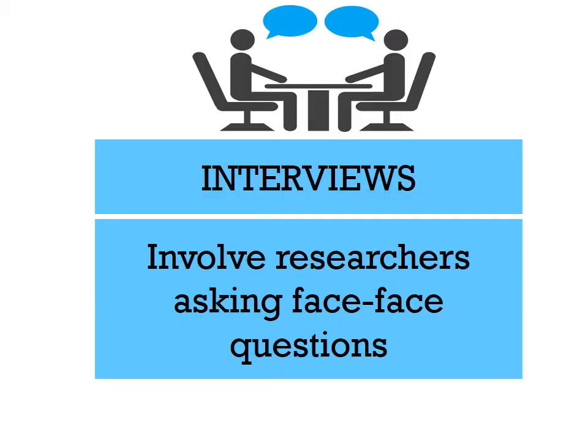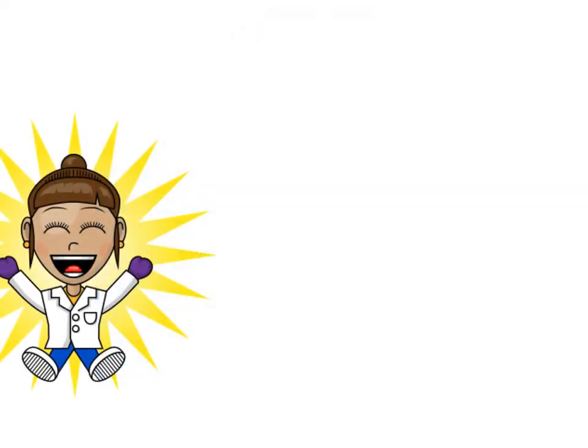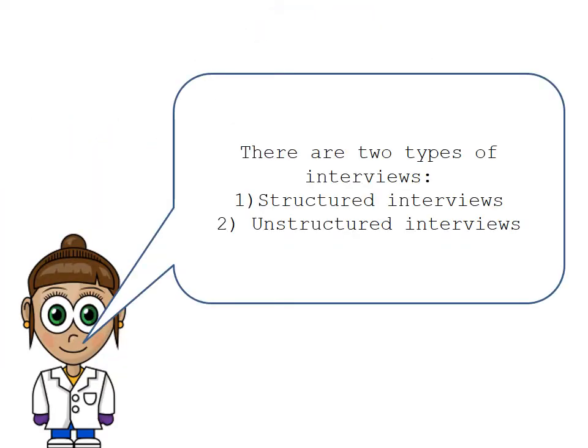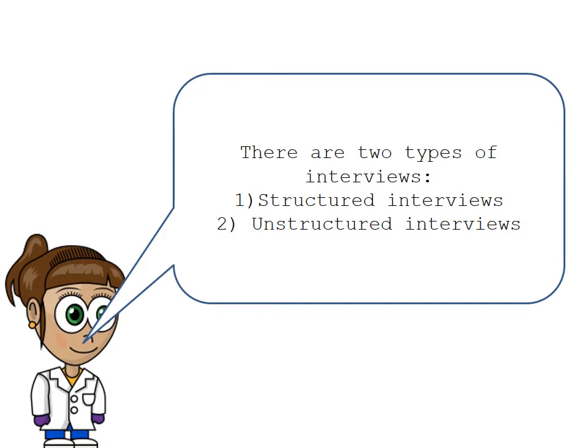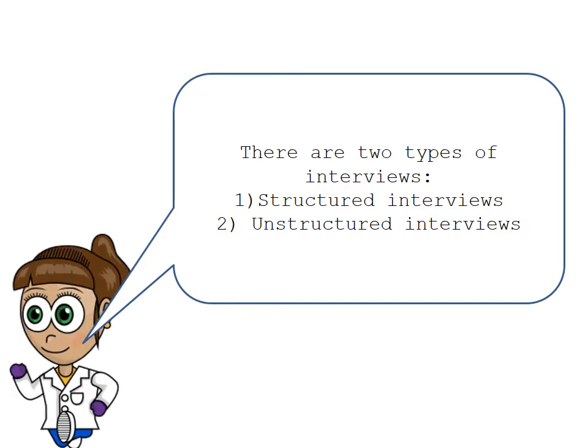So the first type of self-report method that we're going to look at is interviews. Interviews involve researchers asking face-to-face questions. Now, we've got two types of interviews you need to understand. The first one is structured interviews, and the second one is unstructured interviews.